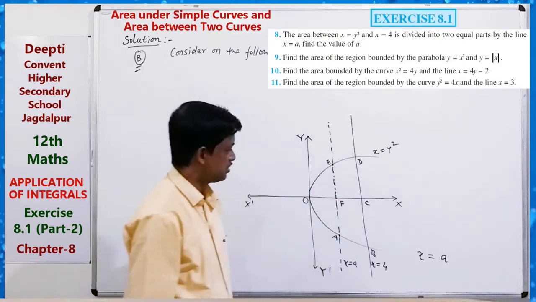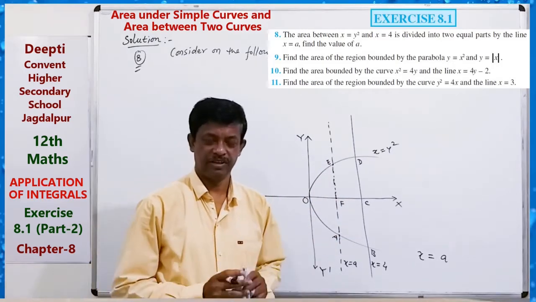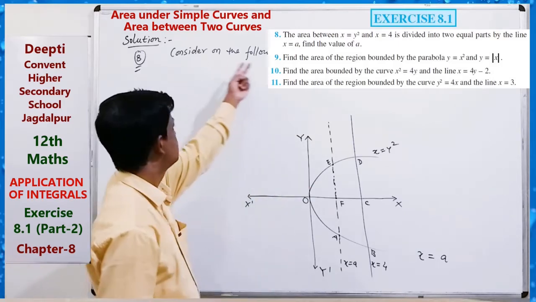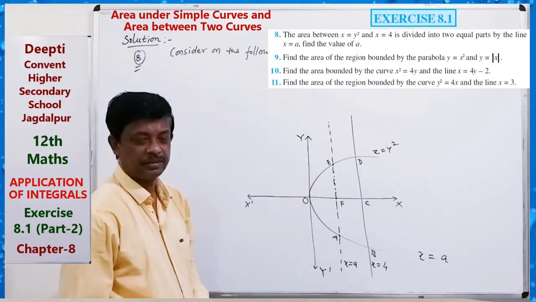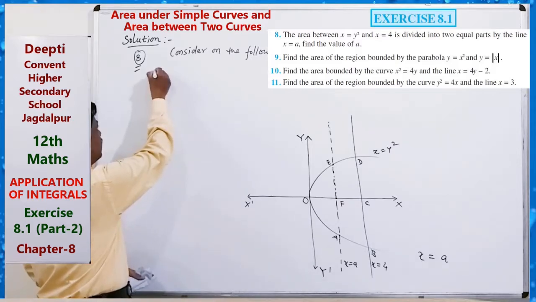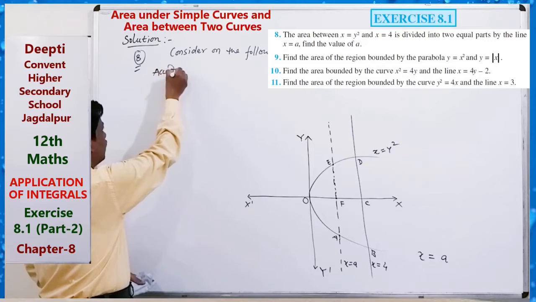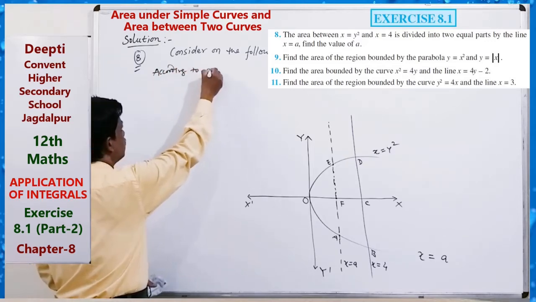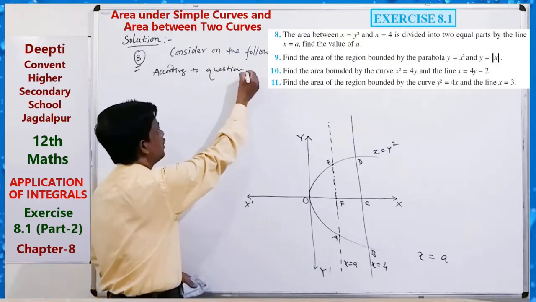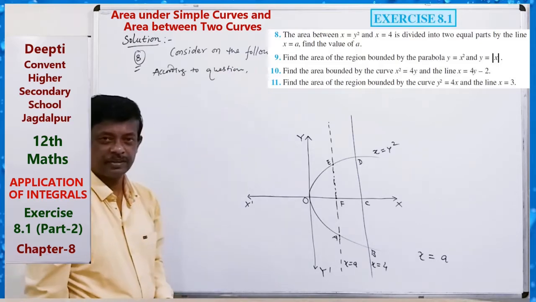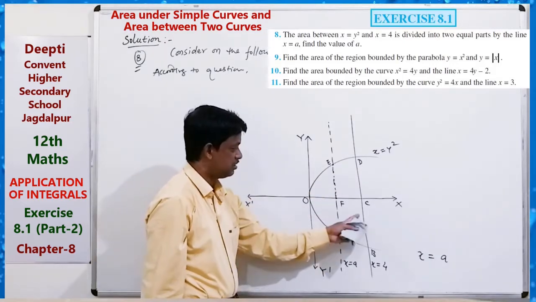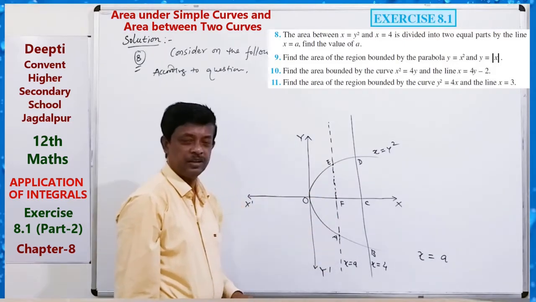Clear? We have to draw the diagram very clearly because it is very, very important. So you can just write, consider the following diagram. According to the question, x equals a divides this area into equal parts.